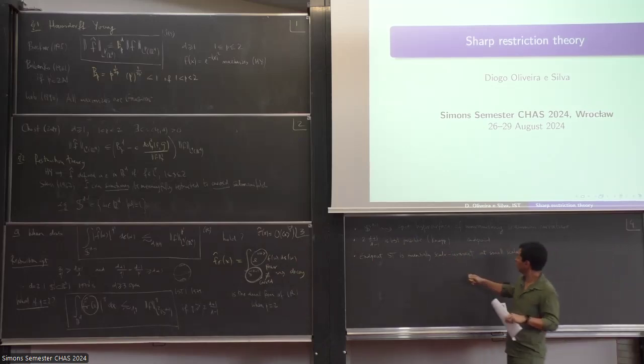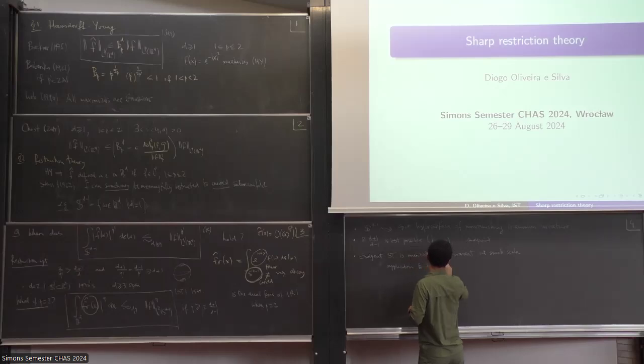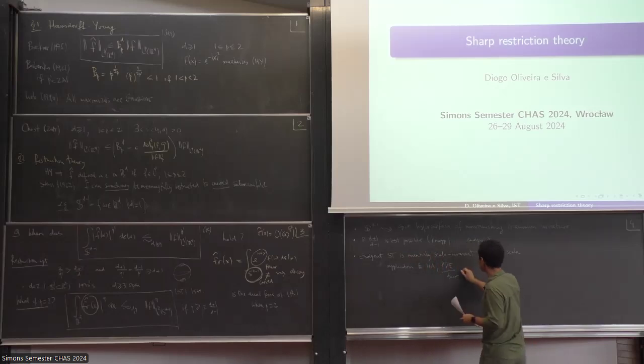Actually, this essential scale invariance of endpoint Stein-Tomas makes this inequality very useful and finds applications in a variety of fields besides harmonic analysis and PDE. So these PDE applications we'll see tomorrow. There are also some nice applications to fractal geometry, number theory, and so forth.